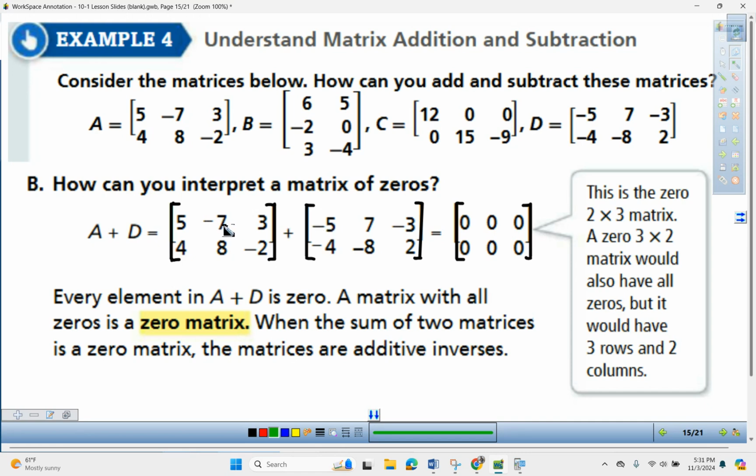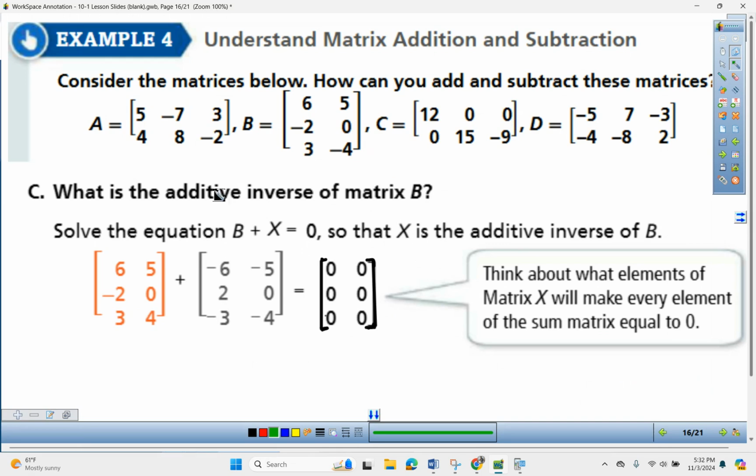When you have a negative 7 plus 7, that's an additive inverse. So when you have two matrices that are added and you get the zero matrix, that means these two, A and D, are the additive inverses. Okay? And so this is the zero matrix because it's all zeros. And it only shows up when you have additive inverses. Okay? So see, they start specifically saying that.